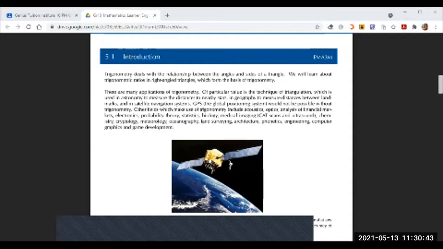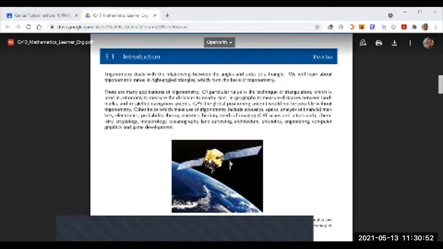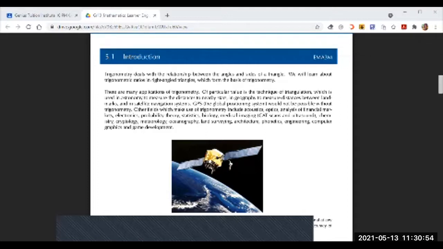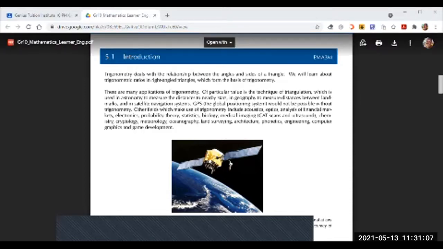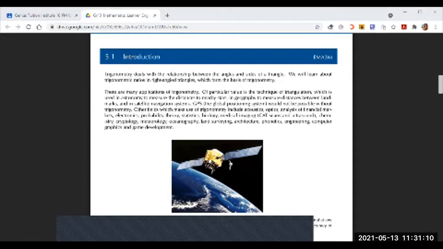Also chemistry, cryptology, which deals with cryptography, that is, cryptocurrency is part of that. Then meteorology, oceanography, land surveying, architecture, phonetics, engineering, computer graphics, and game development. All these fields of study need the knowledge of trigonometry.